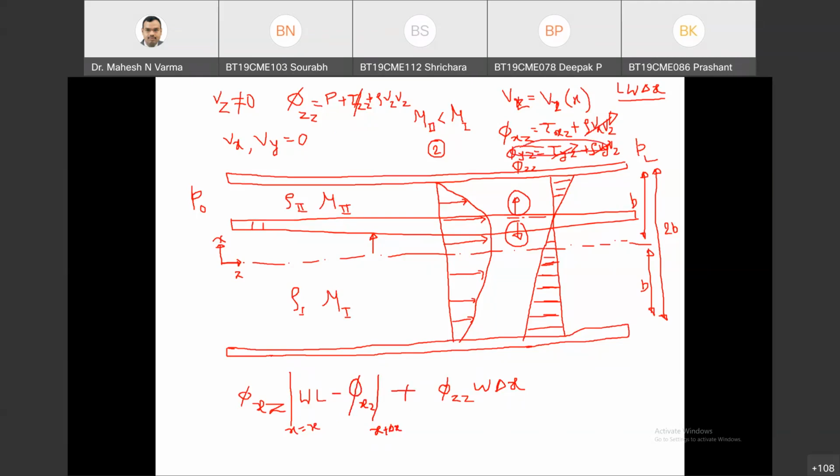Phi yz you need not consider. But phi zz, now this arrow is considered, and this arrow going out is considered.